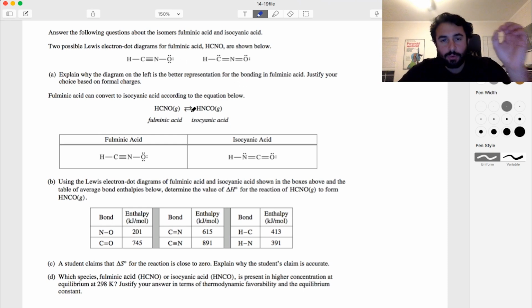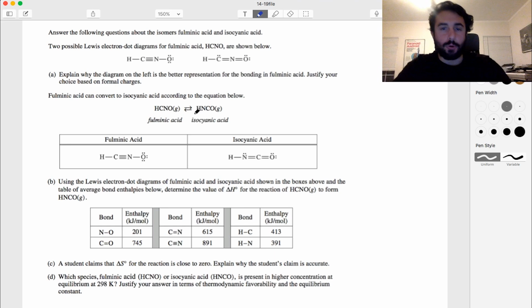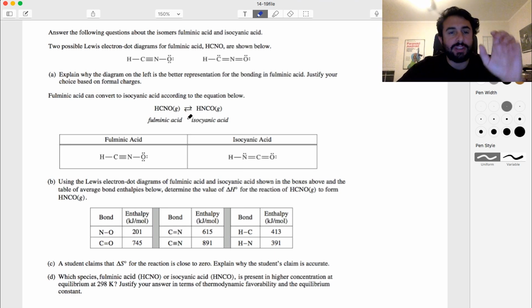So remember, when we want to assign formal charges to atoms in a molecule, we take a look at how many electrons they are contributing to a particular Lewis diagram and compare that to their normal number of valence electrons. So for example, hydrogen has one valence electron, it's contributing one electron. That's neutral. Carbon has four valence electrons and it is contributing four electrons, one per bond. So that's neutral.